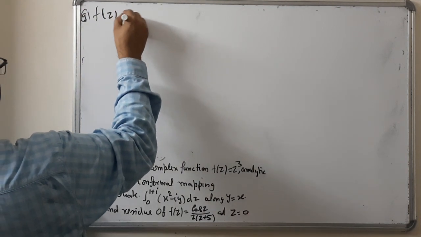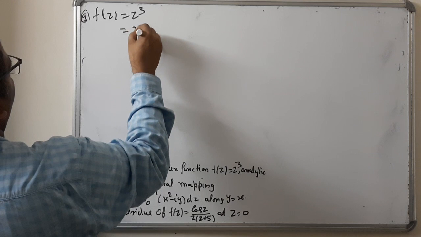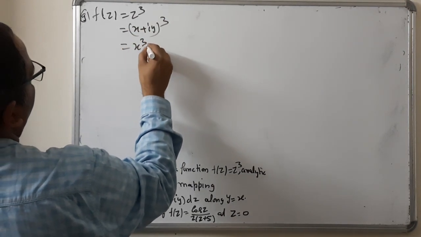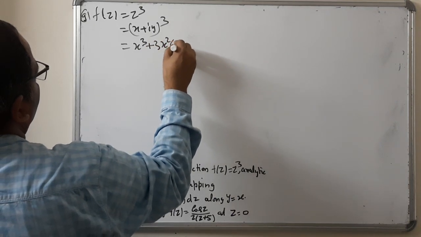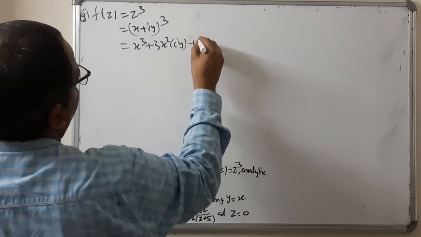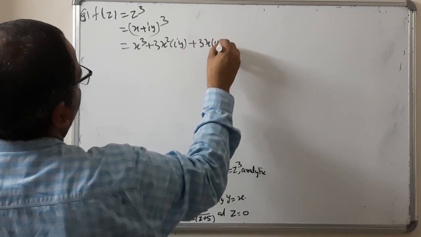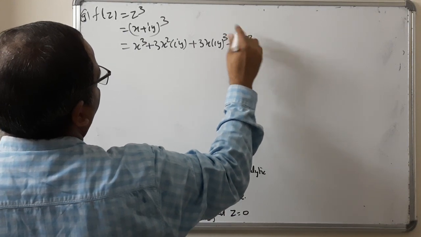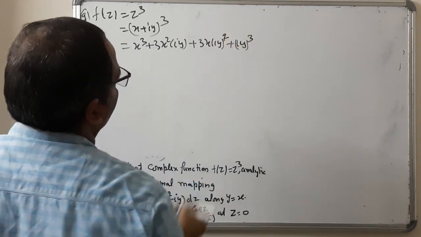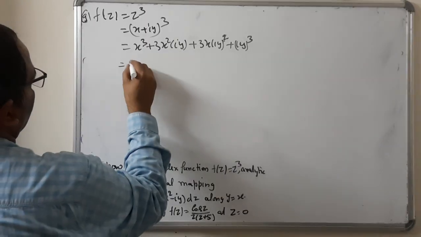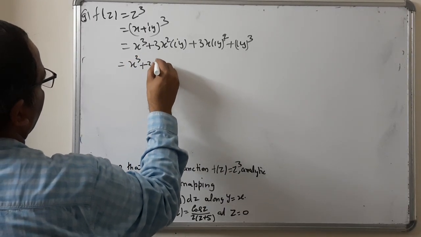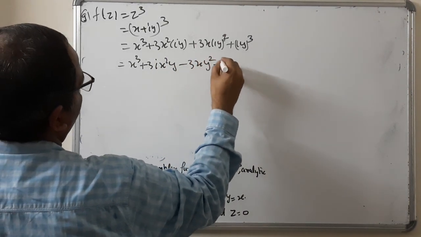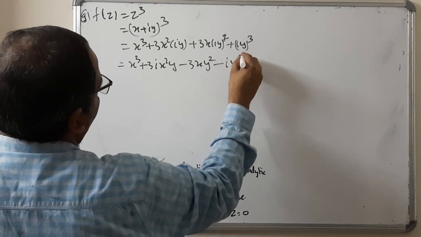That is equal to (x plus iy) whole power 3: x cube plus 3 x square iy plus 3 x (iy) square plus (iy) cube. This is square basically. Then solve this, we get x cube plus 3i x square y minus 3 x y square minus i y cube.